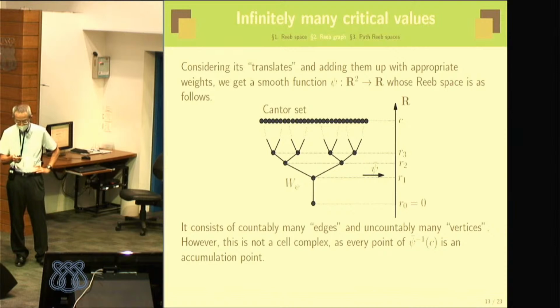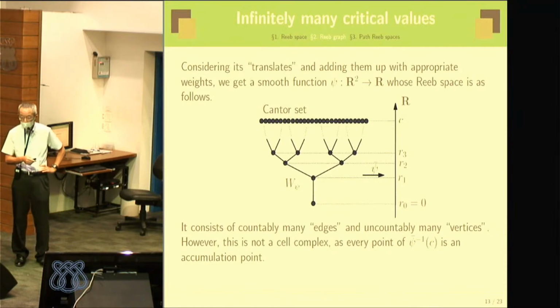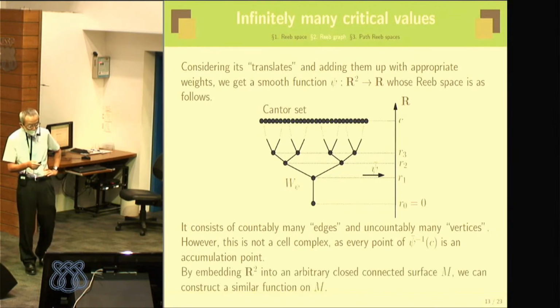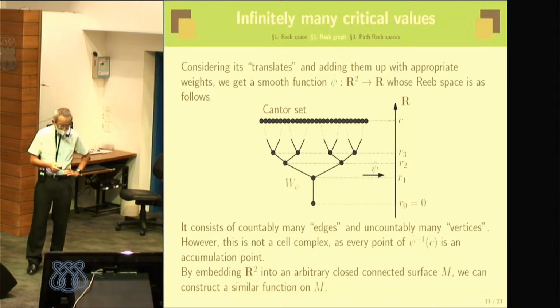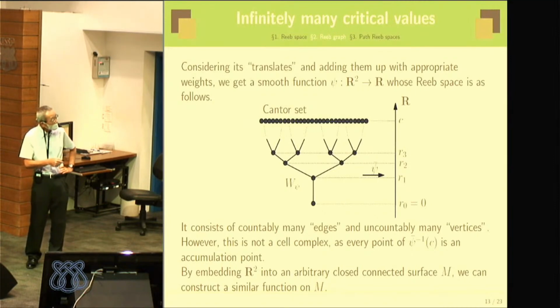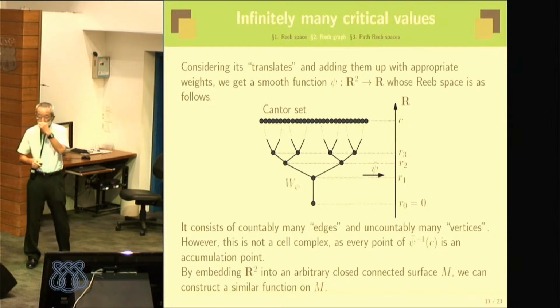You have to be careful in order to study the Reeb space of a general smooth function. And of course, using such a function on R2, you can construct a similar function on any closed connected surface.